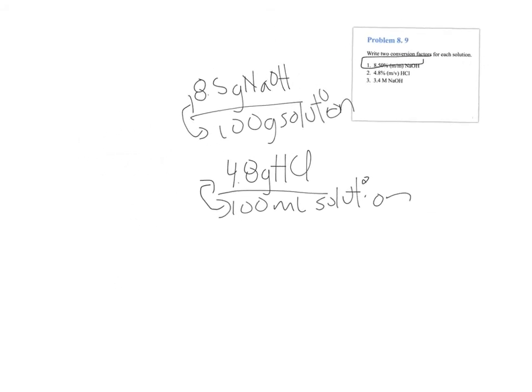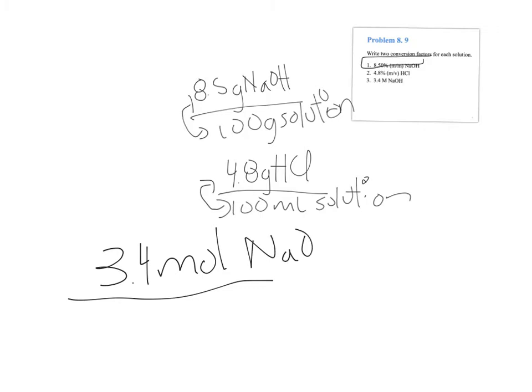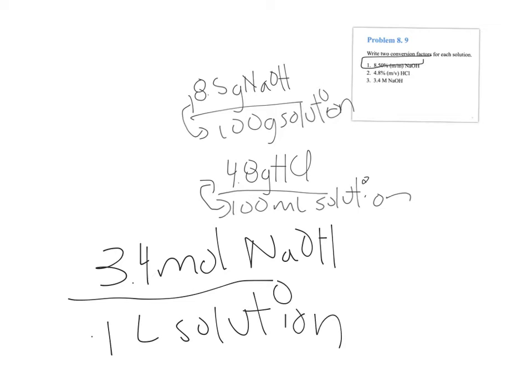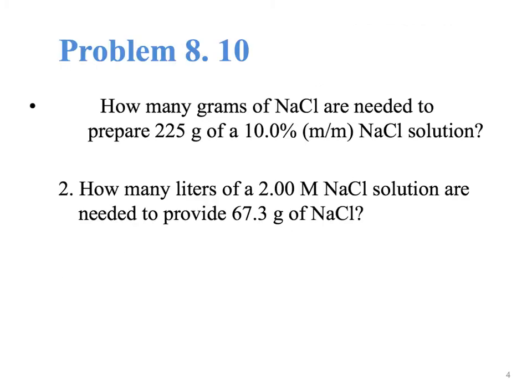And the last one will be 3.4 molar sodium hydroxide. So we could say 3.4 mole of sodium hydroxide in 1 liter of solution. And the next conversion factor will be 1 liter of solution over 3.4 moles of sodium hydroxide. So let's solve these 2 problems together.